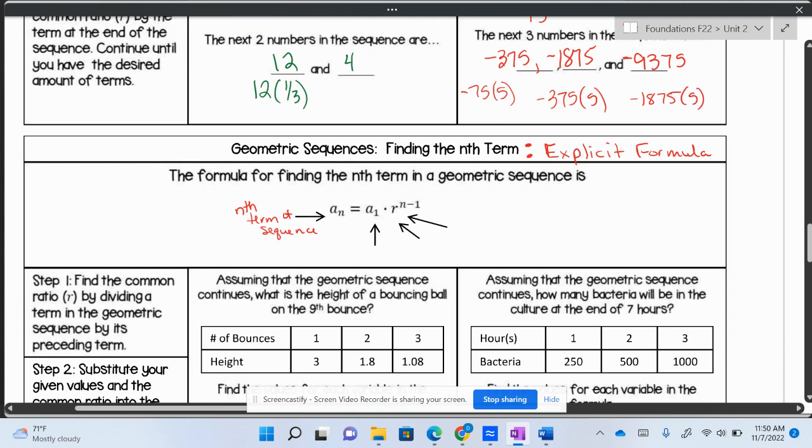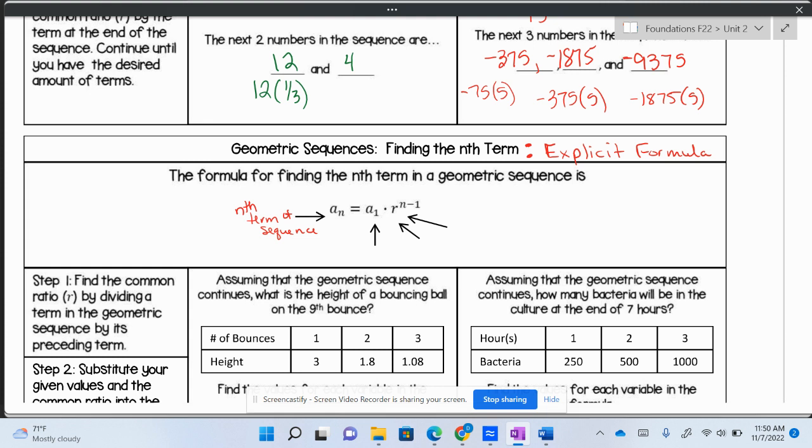Like if I ask you for the 12th, the 18th, the 20th, you replace the n with that number, 20. So it's whatever number term you want. What's a to the 1 represent? The first term. Good job. What does r represent? What did we say r was? Common ratio.